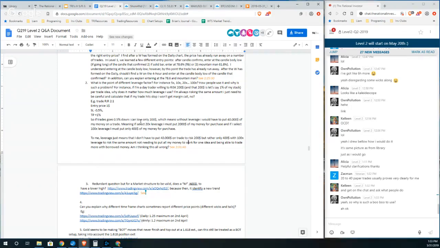Okay. Well, so the point here is, like I said, figure out how much money you want to risk on any one trade. Then figure out what your entry is, where your stop is, and what number that is. And then do the math backwards to figure out how much leverage you can use. If $200 is your risk and you enter at $1,000 and your stop has to be at $800, well, you can't use any leverage.